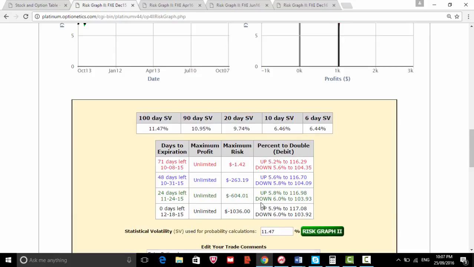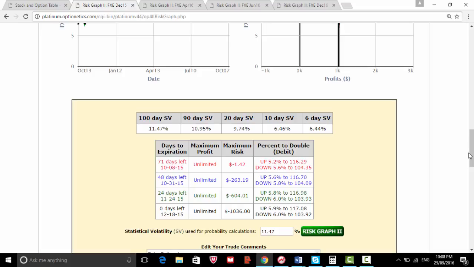If this position is to move up, it needs to move up by at least 5.8%, close to 117, for this position to double in value, meaning a 100% return on investment, or it needs to go down by 6% to around 104 for this position to benefit to the downside.